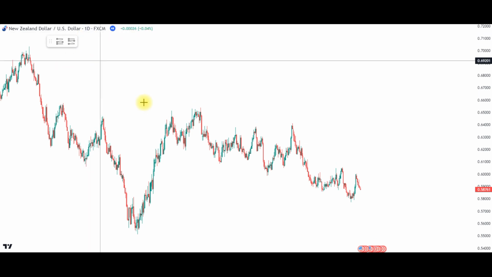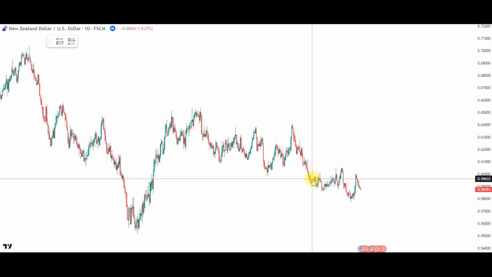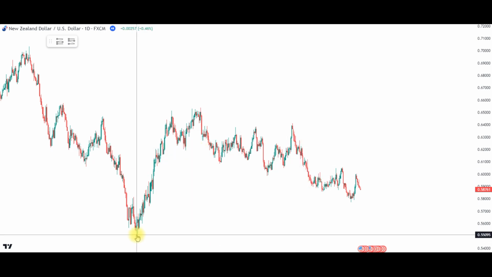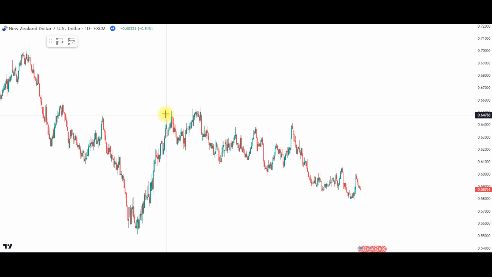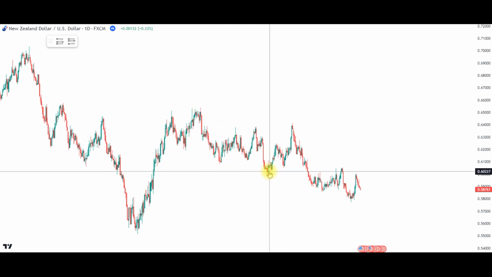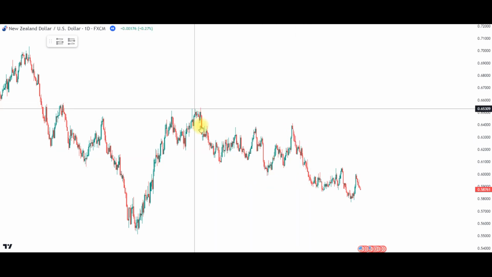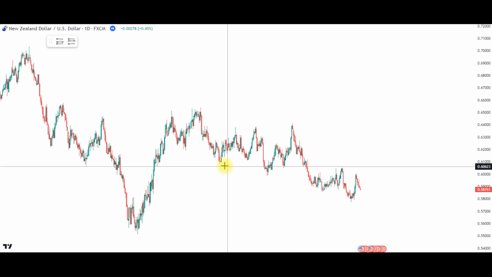We started out here at the daily chart and analyzed the ongoing downwards movement, and compared to this upwards impulse, we see that the downwards movement isn't that strong. The pullbacks are always coming really high, but we're still making lower lows and lower highs.